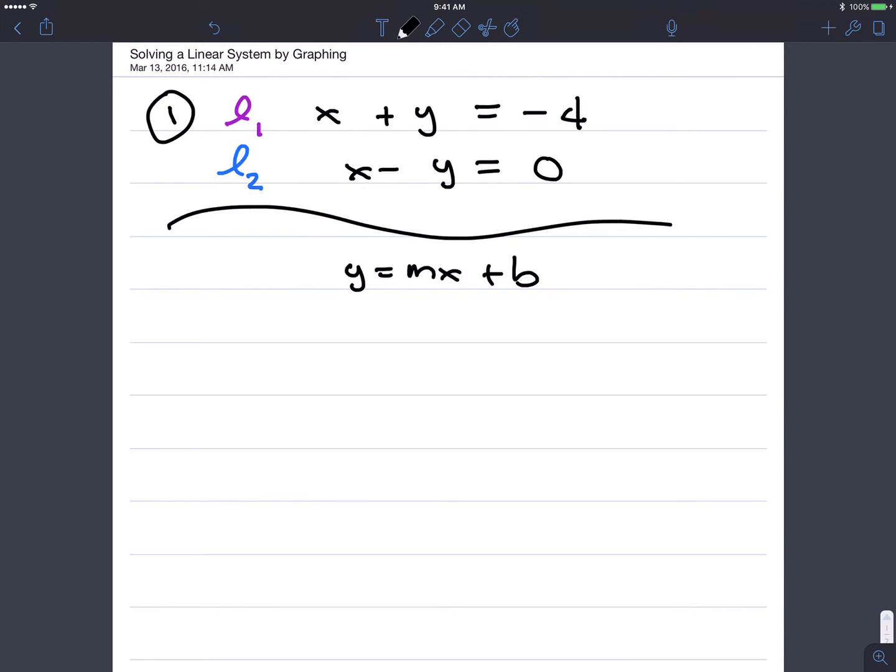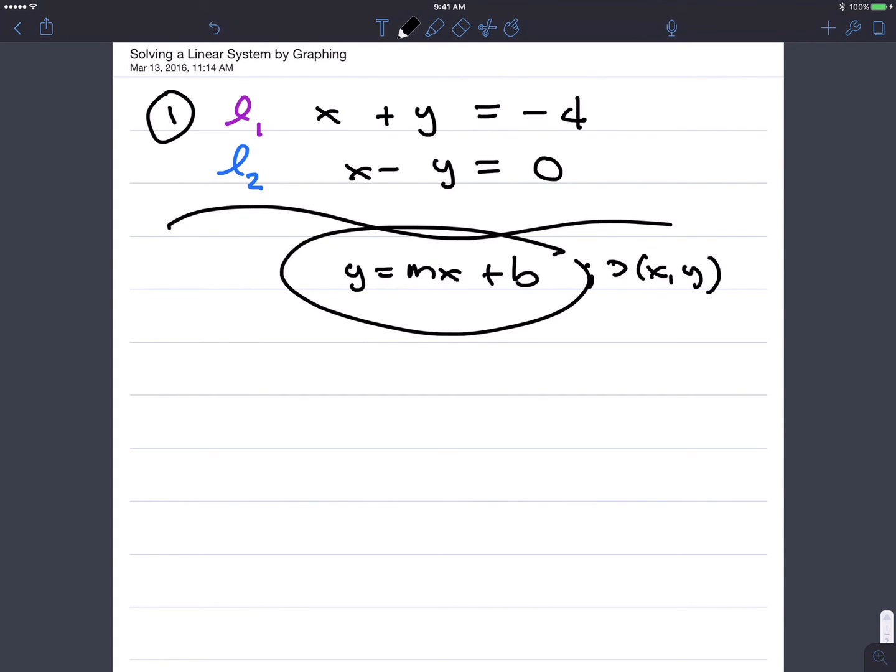And the idea here is to find the point, remember, a point of intersection. A point of intersection has an x and y coordinate value. So this is what we're going to do. We're going to actually use our slope-intercept form to graph and find, hopefully, a point of intersection.